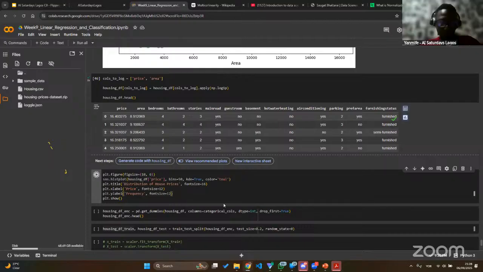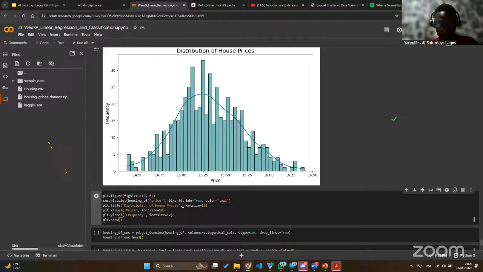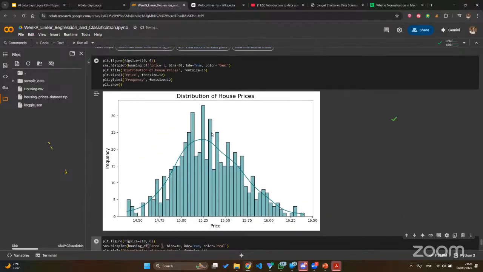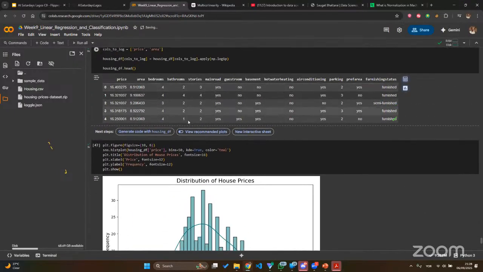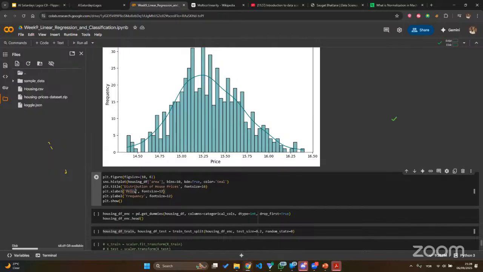Let's do this. Can you see that? Yeah, it's a proper bell curve. Exactly, so we are having a proper bell curve. Let me do the same for area. For area too. Oh, that's cool.